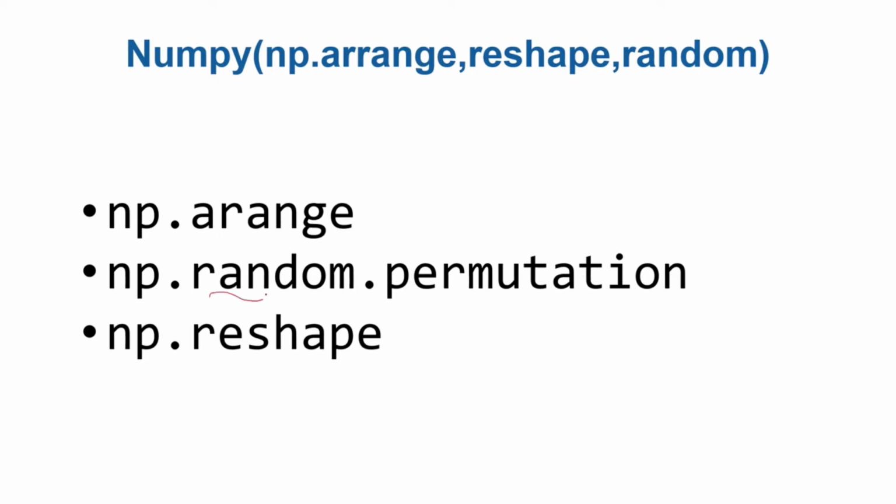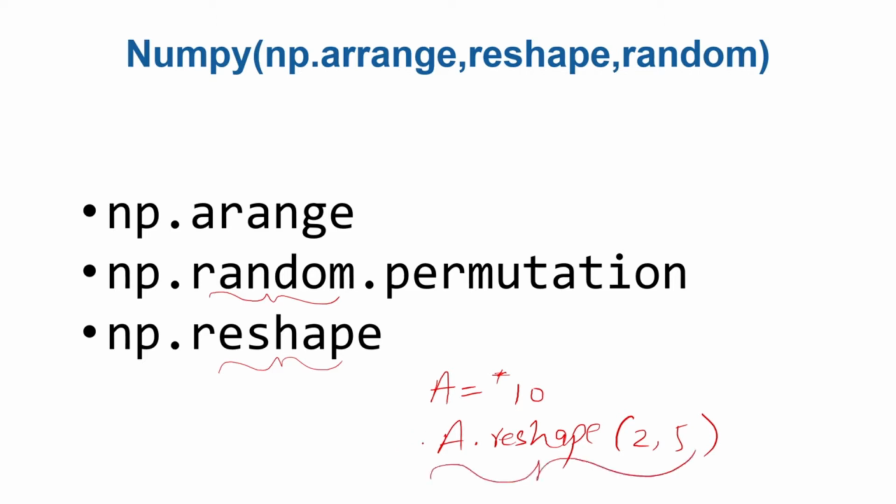Today we will explore this random package a bit more, and then we will see what the reshape function does. For example, if you have an array A with, let's say, 10 elements, and we call A.reshape and give 2 by 5, it will make a two-dimensional array B out of A, which will be a matrix with 2 rows and 5 columns.